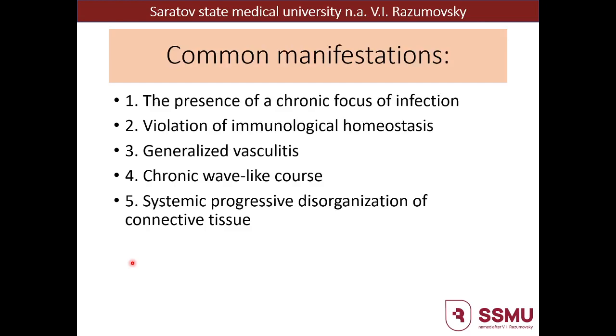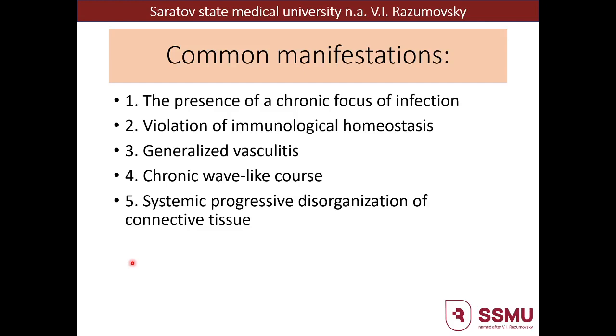All of these diseases are included in one group because they have some typical manifestations, like prevalence of chronic foci of infection, most of all associated with some special streptococcal infections, violation of immunological homeostasis, and manifestations associated with autoimmune reaction.